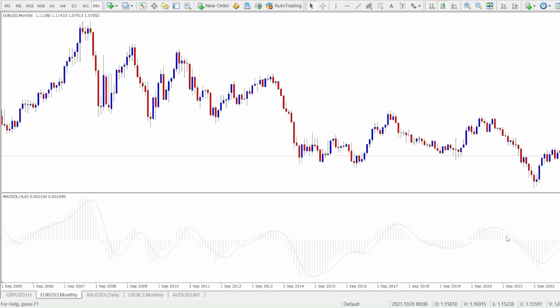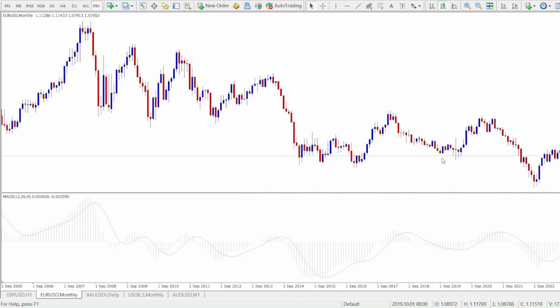In this case, we're going to be modifying the settings so that the fast EMA is going to be 12, the slow EMA we're going to use 26, and the MACD SMA we are going to use 9.